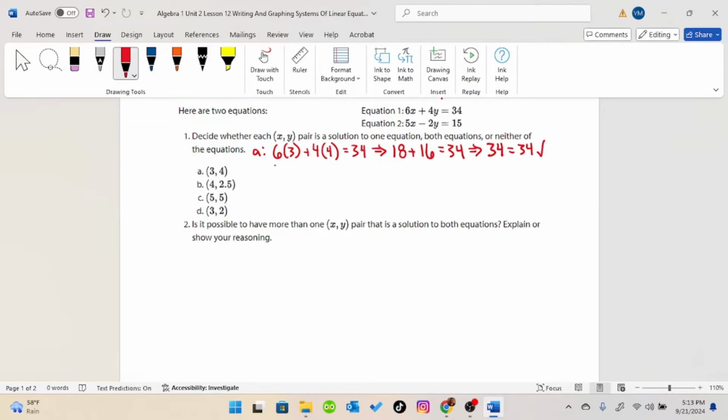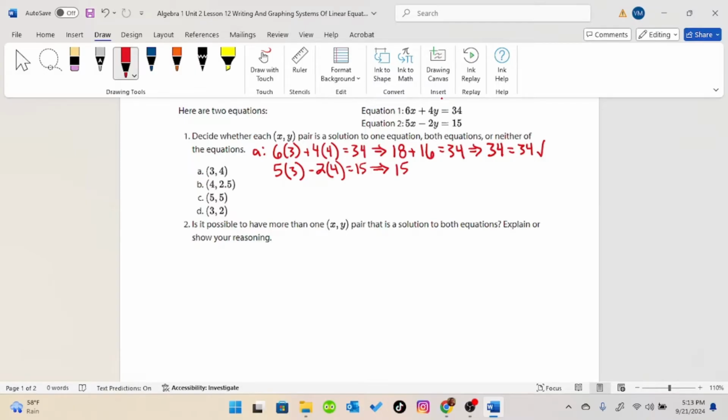Then we have 5 times 3 minus 2 times 4 equals 15. 5 times 3 is 15.